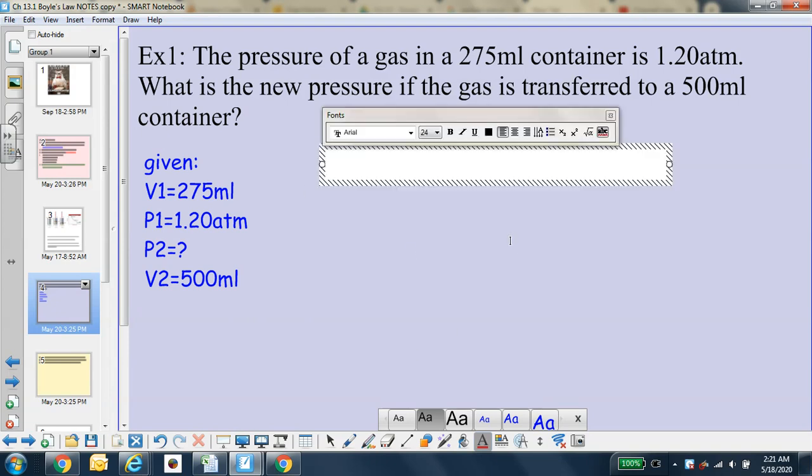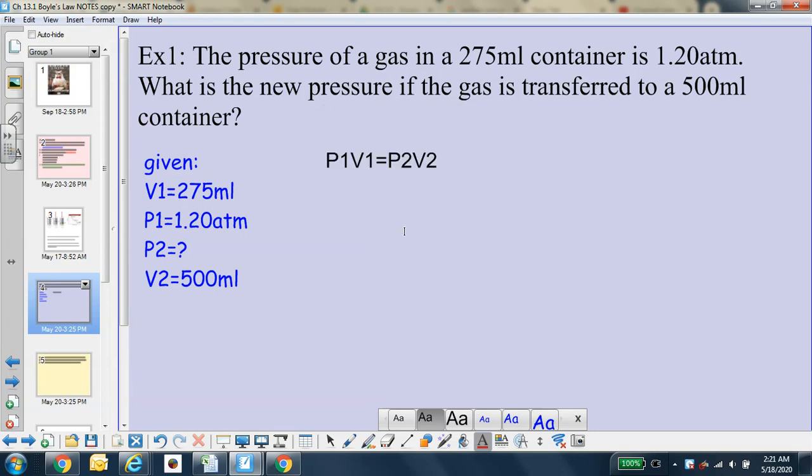So Boyle's law formula, P1 times V1 equals P2 times V2. We're going to rearrange this formula to solve for our unknown variable, which in this case is pressure 2.